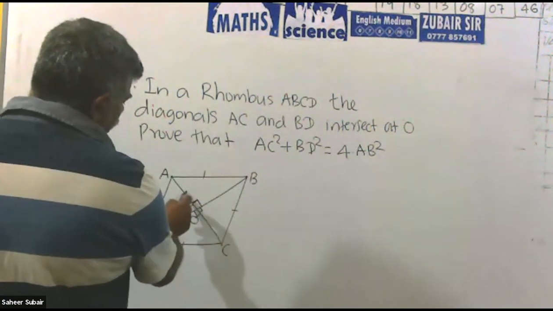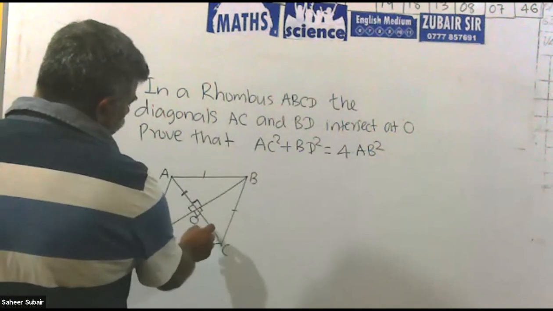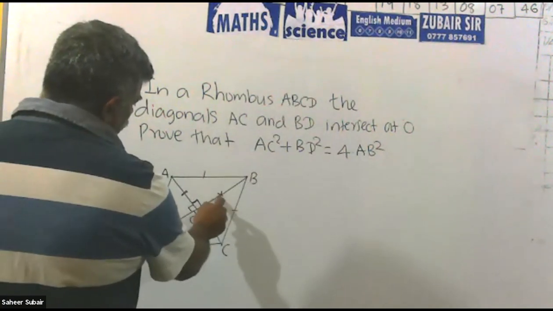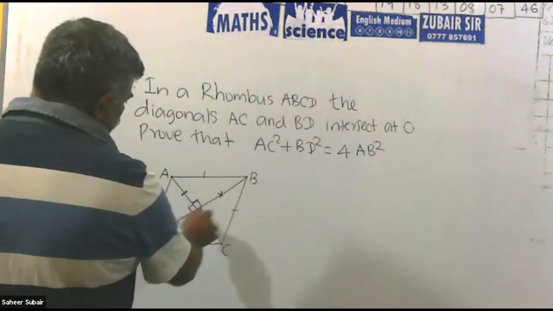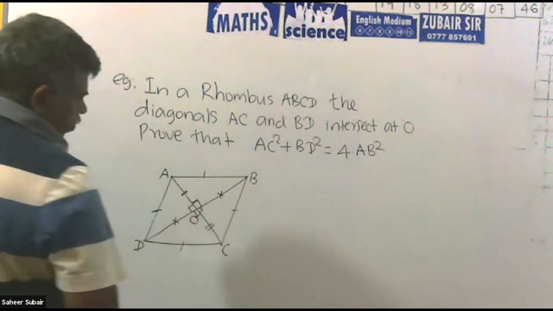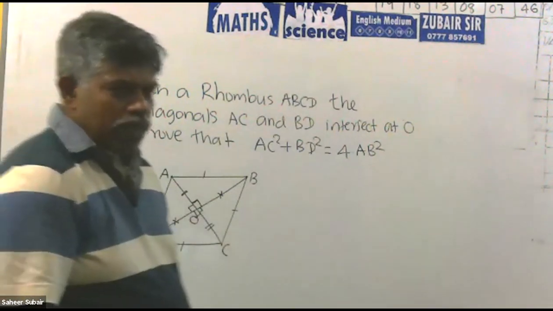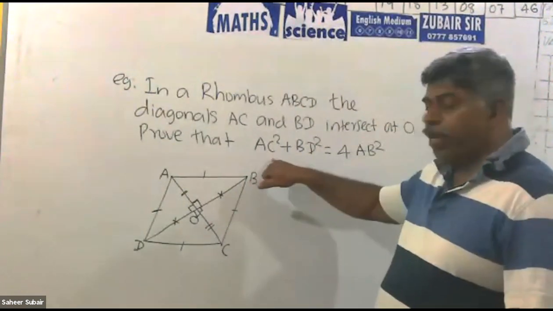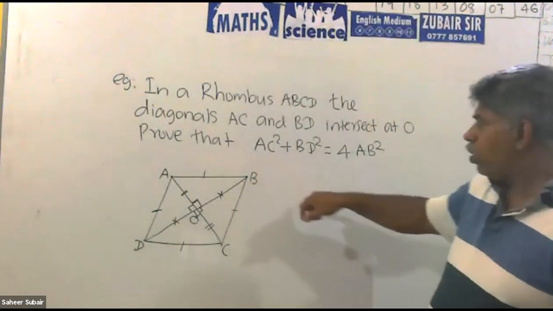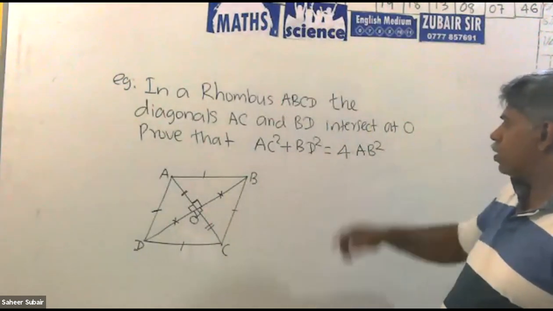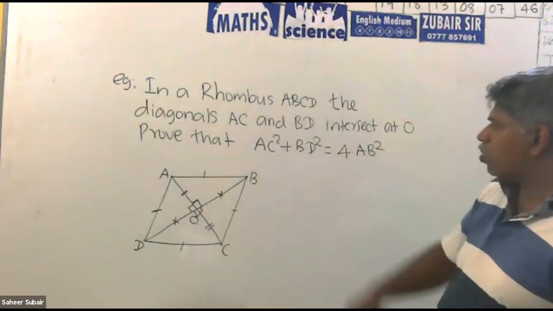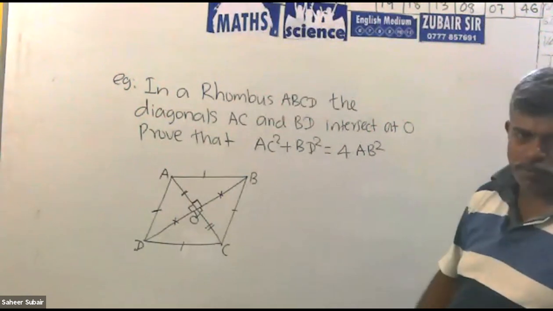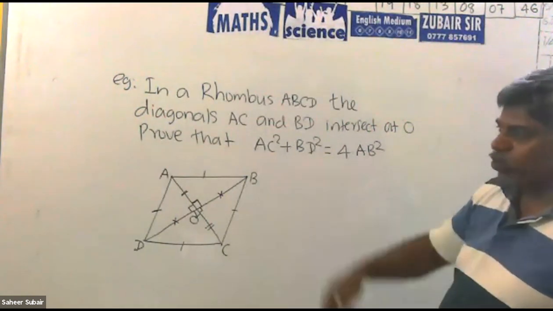Diagonals bisect each other means this part equal to this part, this part equal to this part. Diagonals are getting bisected by the other. Then they are asking you to show the proof: AC squared plus BD squared equal to 4AB squared. So this is the thing that you want to prove.